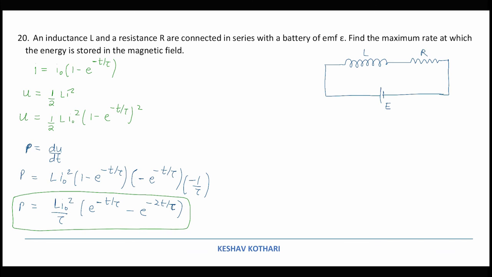Now the problem is asking us to find the maximum rate at which the energy is stored. For the maximum rate of energy storage, we need dP by dt to be 0. So we are maximizing this equation by dP by dt equal to 0.